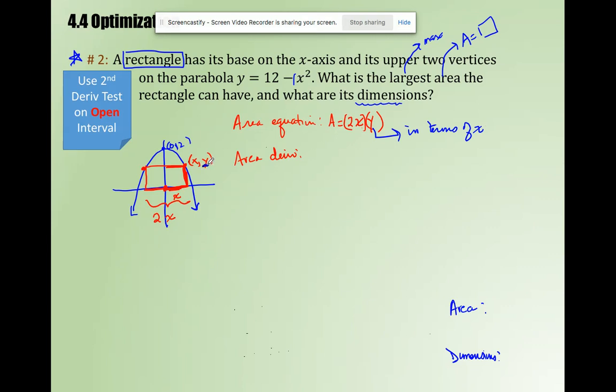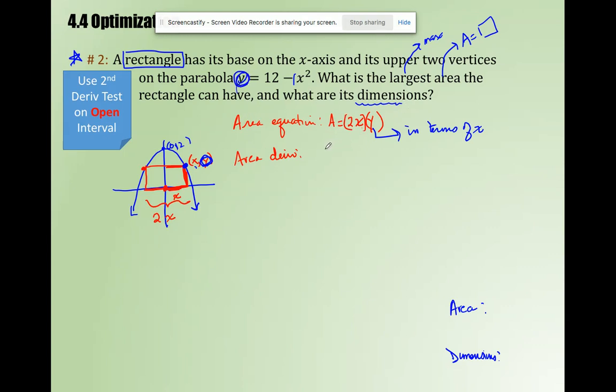How do I get this height? The vertex on the rectangle is on the parabola. What's the height of this rectangle given that x is the width? I went out x. How far am I going up? Y. What is y?